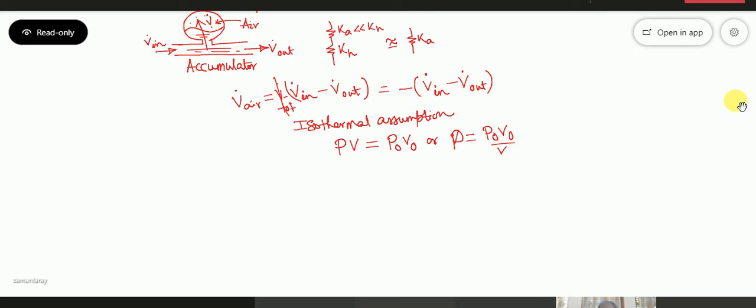Then we have a relation here which is highly nonlinear. What do we have? Effort is pressure, flow is V dot, of course V dot air.